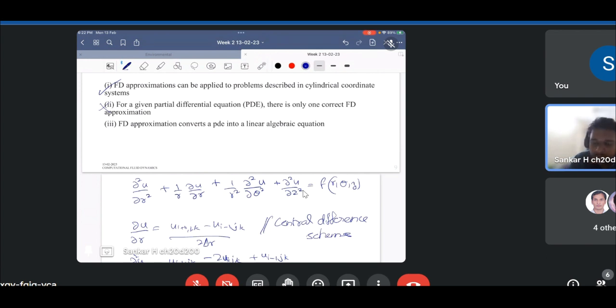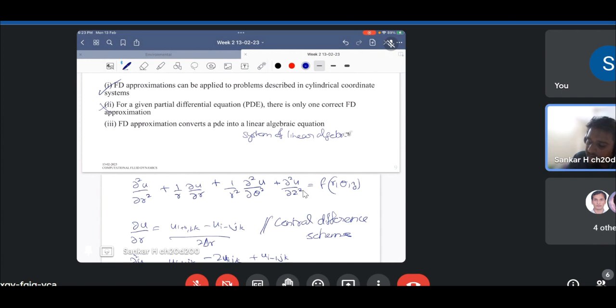Now, regarding option 3, some people would have a question whether finite difference approximation can convert a PDE into a linear algebraic equation. Well, it converts a set of PDEs into a system of linear algebraic equations, is basically what it does.